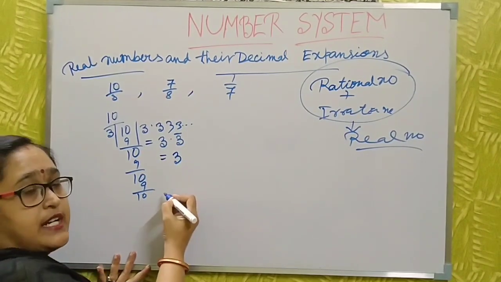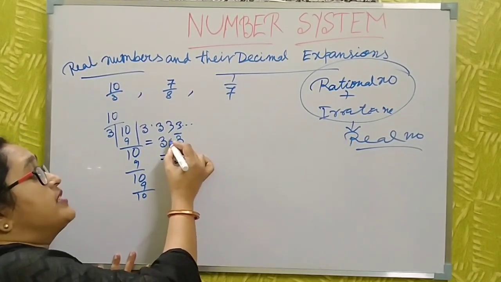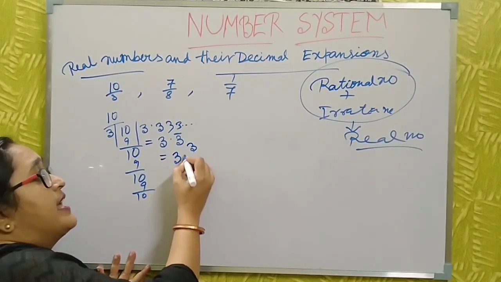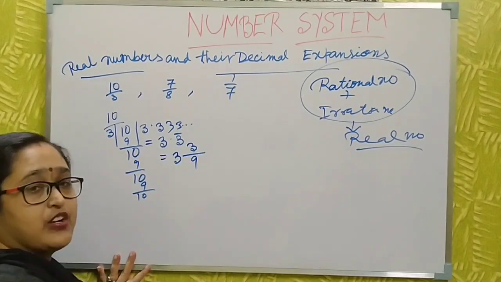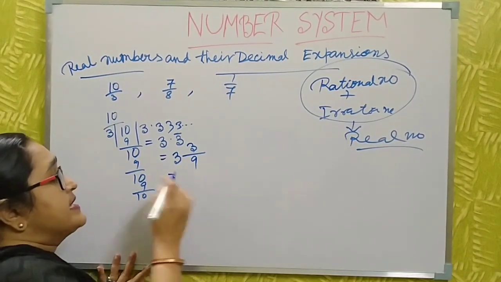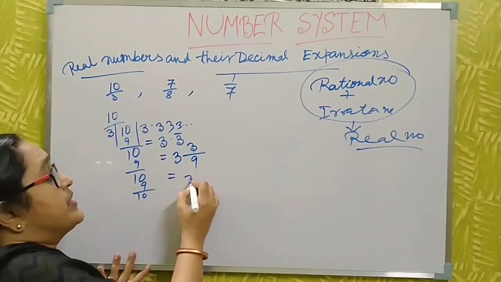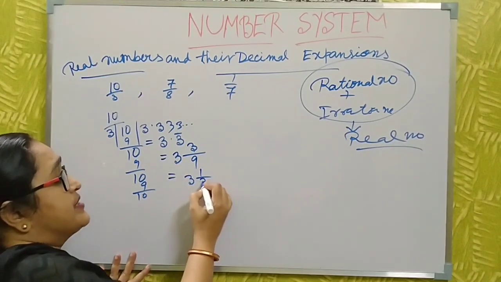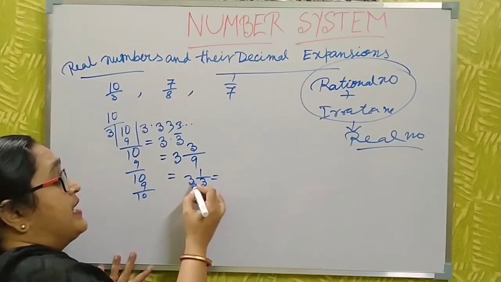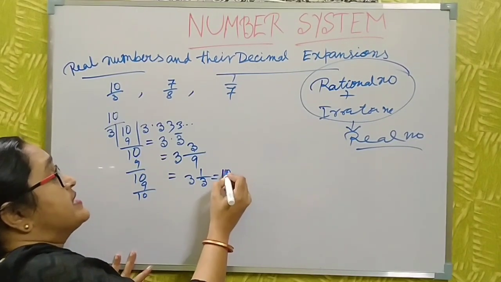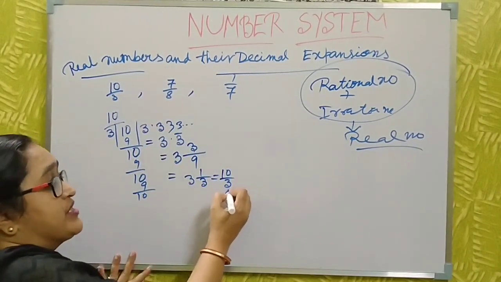Without the decimal you write 3, and for the bar you put 9. Then this number becomes 3 1 by 3, and in the improper fraction, 3 threes are 10, so this becomes 10 by 3.